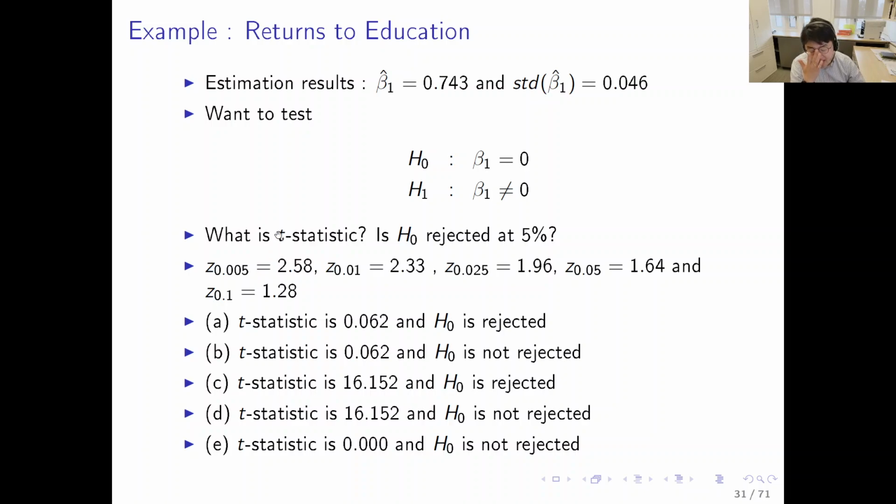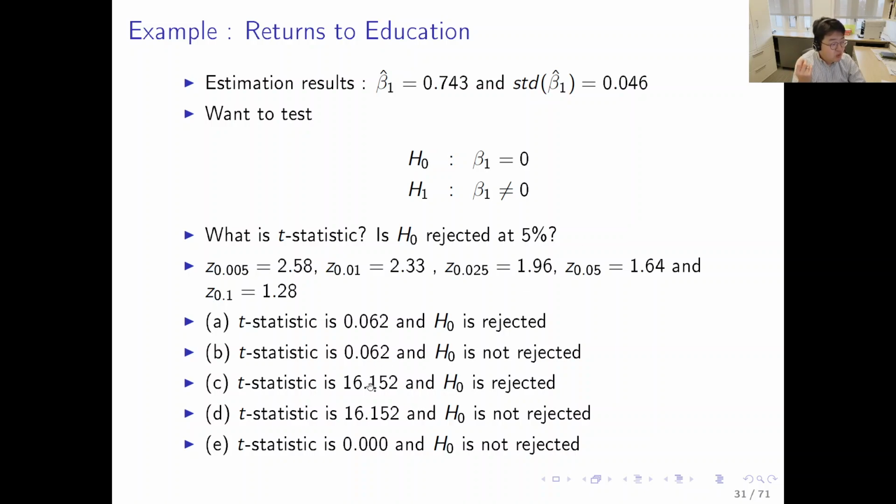Remember, the t-statistic is the standardized difference between your estimator and your hypothesis. Your estimator is 0.743, your hypothesis is 0. Calculate the difference, and standardize it by your standard error: divide the difference by 0.046.